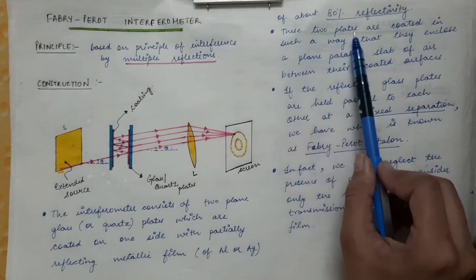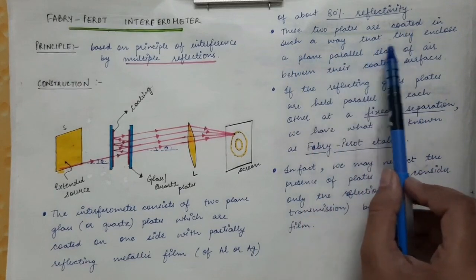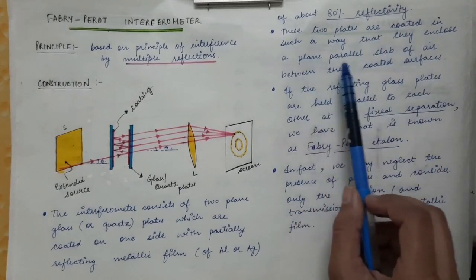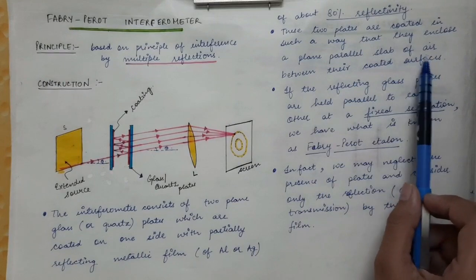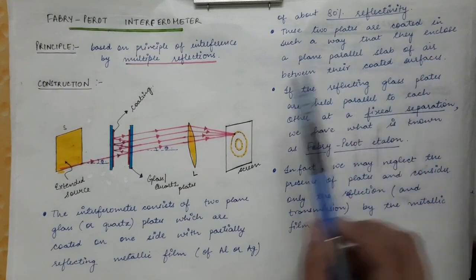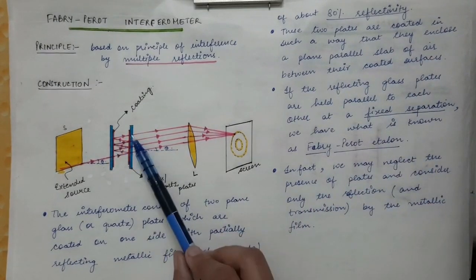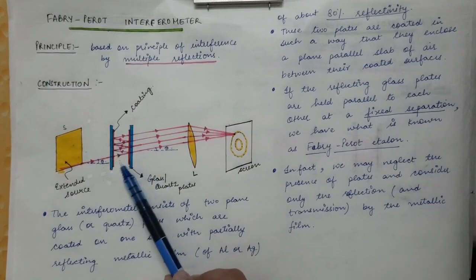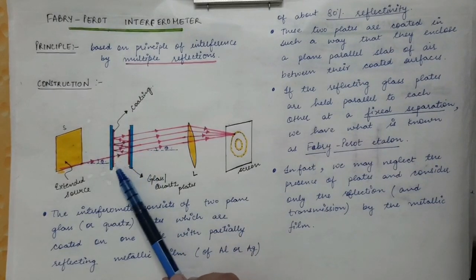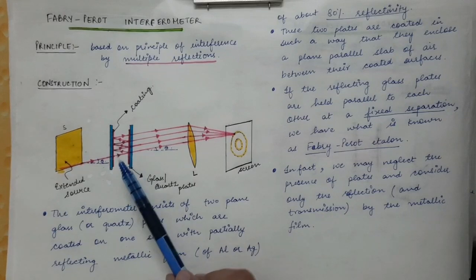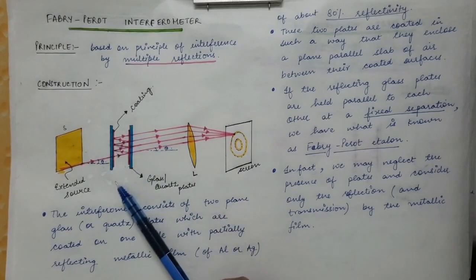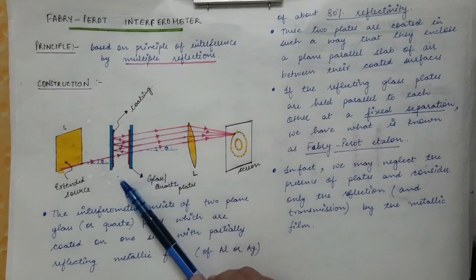Now these two plates are coated in such a way that they enclose a plane parallel slab of air between their coated surfaces. The region between these coated surfaces is filled with air, so there will be a film of air.